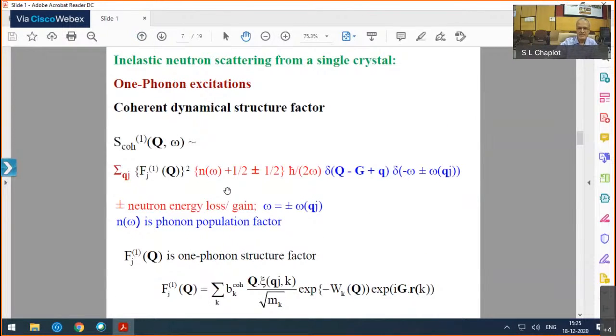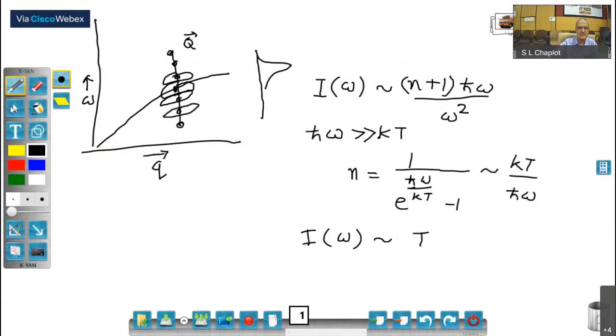It's n plus 1 divided by omega, actually n plus 1 times h cross. So omega is in the denominator. That's what we wanted to say. So that is what you end up getting: 1 over omega squared.